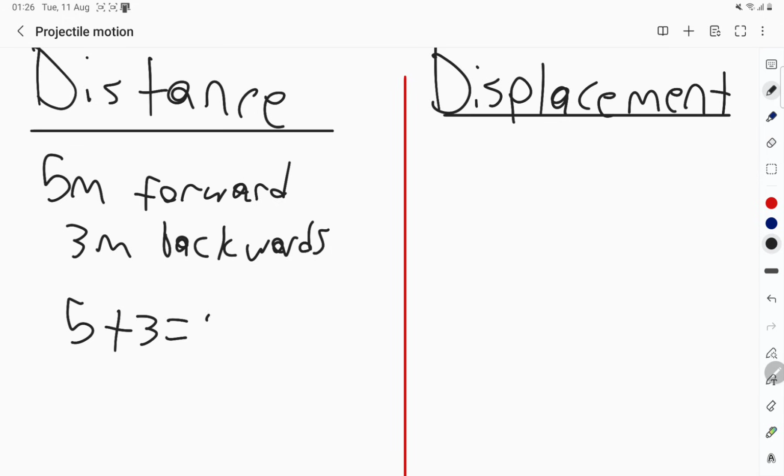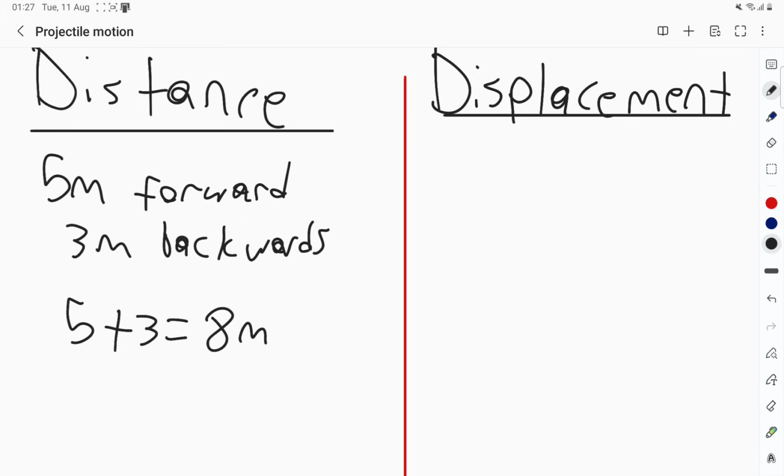So the total distance you traveled is 8 meters. But now, distance doesn't care about direction. Distance is the total path that you travel. So 5 plus 3 is 8 meters, even though you travel forward and backwards.